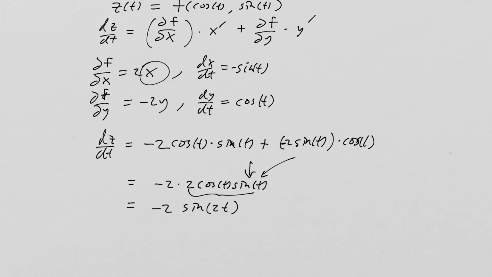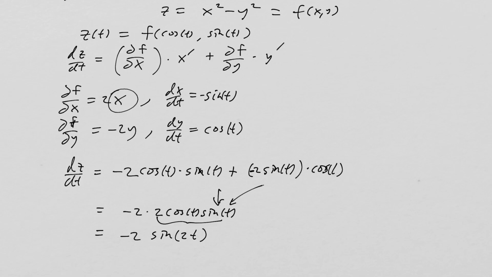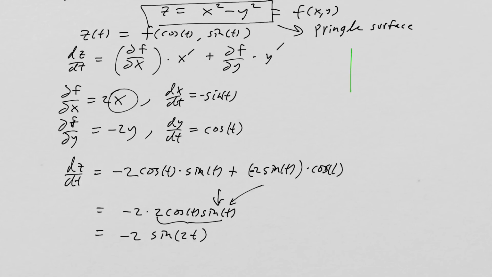All right, so let's see if we can get a picture of what this looks like. It turns out the hyperbolic paraboloid that we have here is what they call the Pringle shape. That's the Pringle surface. If I were to draw it, there's my x, my y, and my z. The surface is going to have an upward facing parabola in the y equals 0 plane, and a downward facing parabola in the x equals 0 plane.